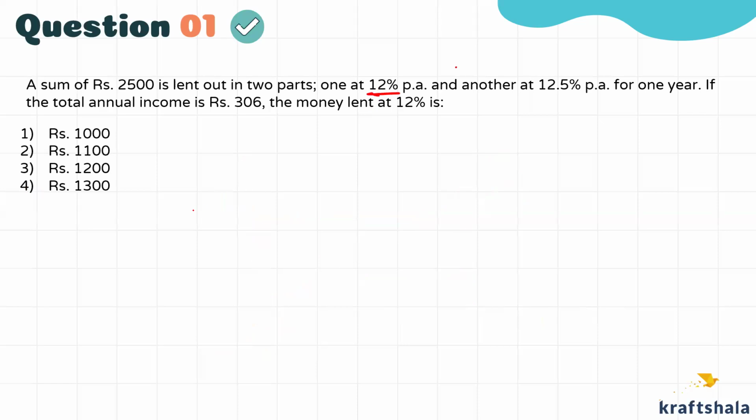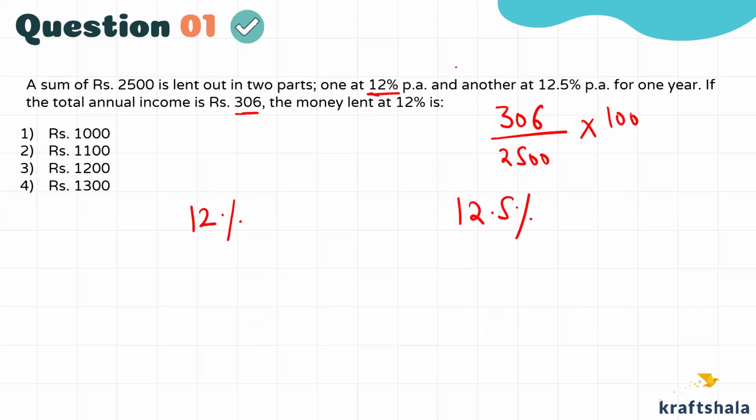One was 12%, one was 12.5. These two are given to me. The overall income is 306, so this 306 I am getting on the base of 2500, and this fraction can be converted into percentage as well by multiplying it by 100. So from this I am getting 12.24%. What does this mean?